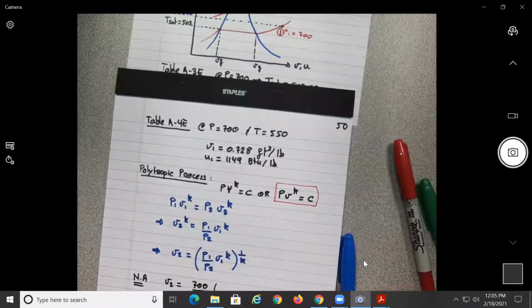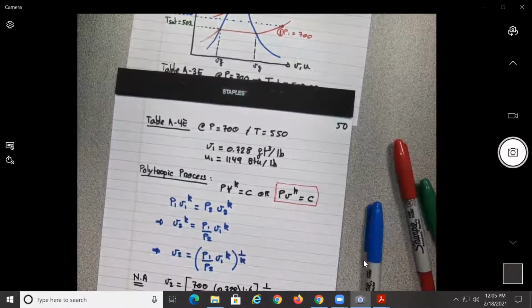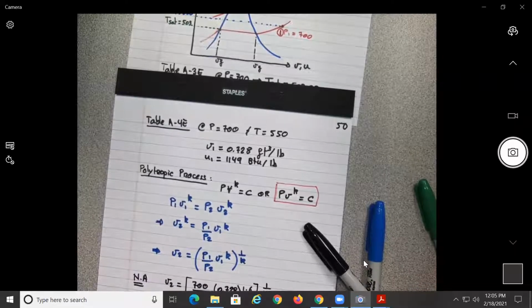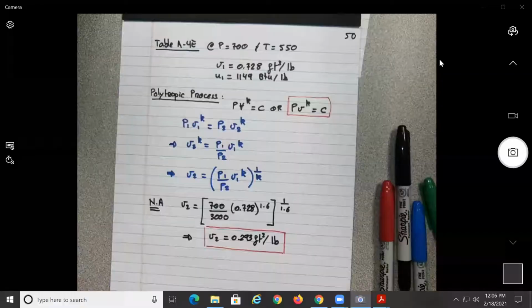So times 0.728 to the 1.6, and you take that to 1 over 1.6. And that should give you v2 in cubic feet per lbm. Okay, so if we do the calculation, you get for this one, v2 equal to 0.293.